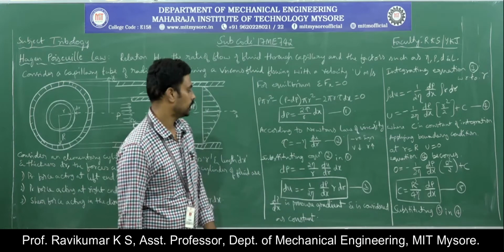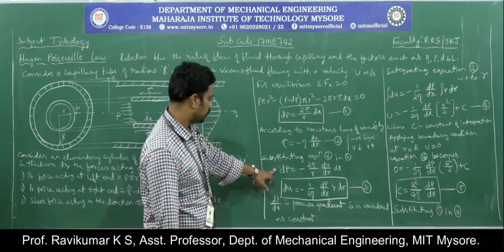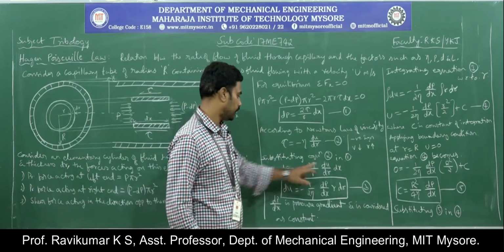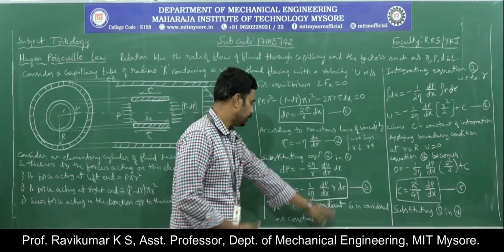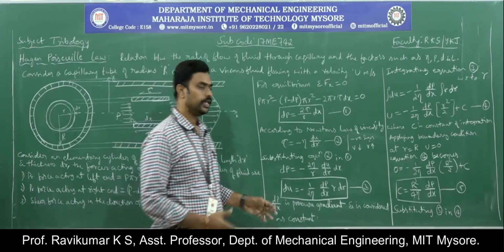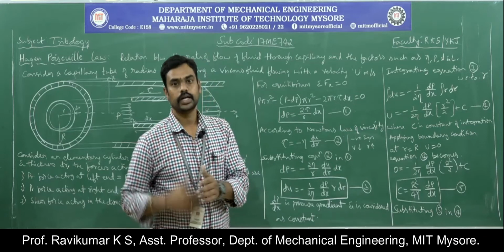Again, if you simplify this, you will end up with du. Take the du term on the left hand side and the dP term on the right hand side, because we need to get the velocity distribution and end up with the rate of flow.